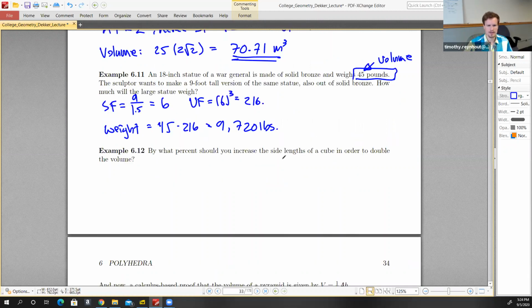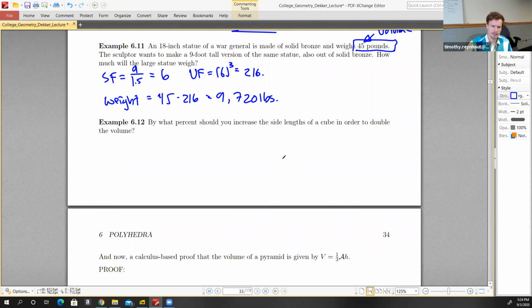All right, and then here's an interesting question. By what percent should you increase the side lengths of a cube in order to double the volume? So we want the volume factor to be equal to 2. That tells us that the scale factor should be equal to the cube root of 2, which is about 1.26.